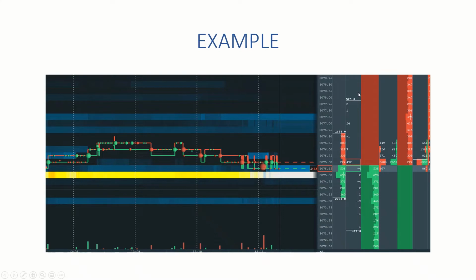But on a general note, I like to see numbers on ES above 350. Usually when you see big order stacking and a big difference between the stacking and pulling, that's also a good sign, but you want to see a big difference.